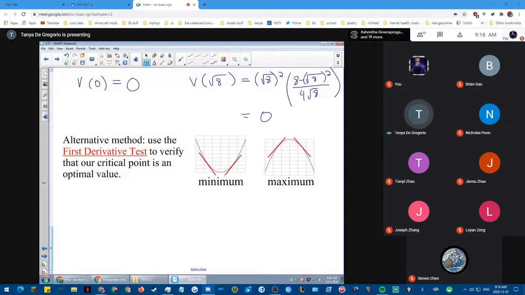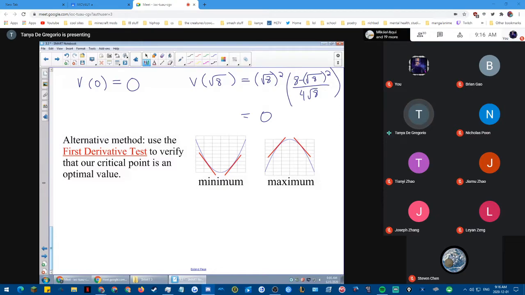So what you do is you find the x value we found here to test, and take a point just to the left of it and to the right of it, and see if you're going from a negative slope to a positive slope. If you are, then you know that you have a minimum value. If you are going from a positive slope to a negative slope, then you know that you have a maximum value.